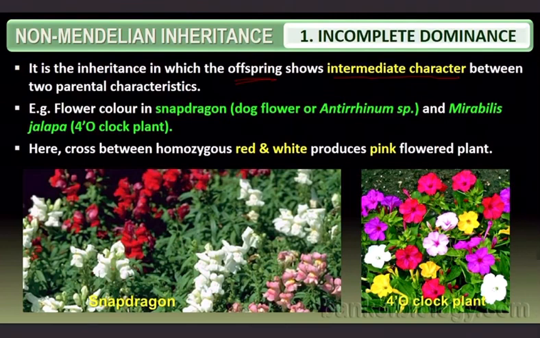It is the inheritance in which the offspring, meaning children, shows an intermediate character. When we were talking about the law of dominance, we said that in the parental generation, let's say the father is 6 feet tall and the mother is 4 feet tall.